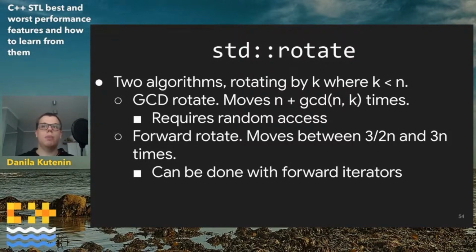In forward rotate, you have 2 pointers and you just swap the elements until you have a rotate. The details of forward rotate are a bit complex. In the first one, you need only n plus the greatest common divisor of n and k swaps. In the latter case, you need between 3n and 3.5n swaps, but it can be done with forward iterators.